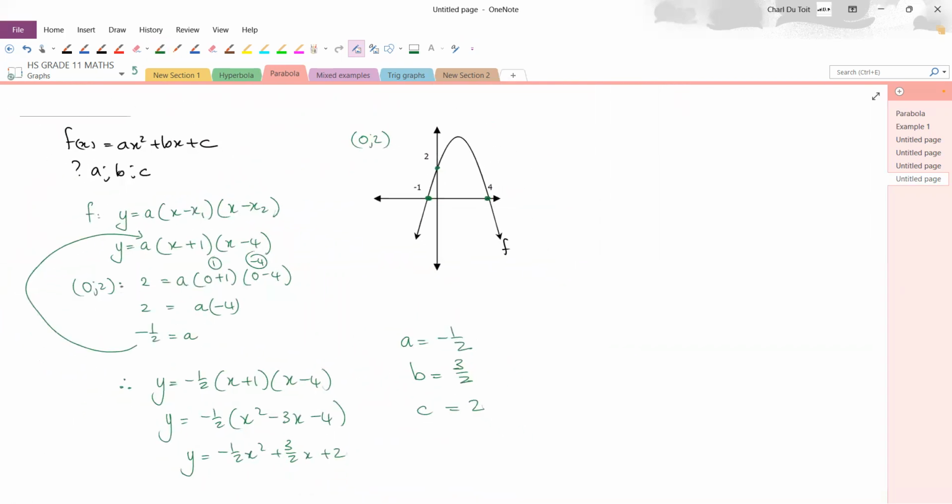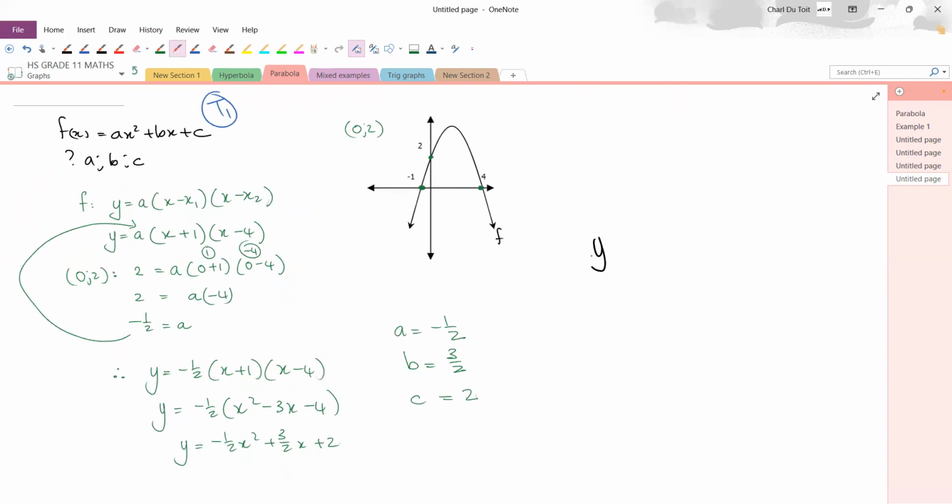Please jot this down. This is very important. This is like type 1. This is where you get the x-intercepts. Then you use this formula: y equals a(x minus x1)(x minus x2).